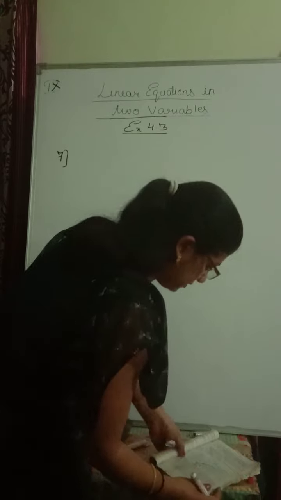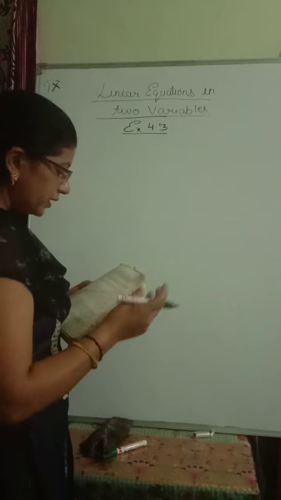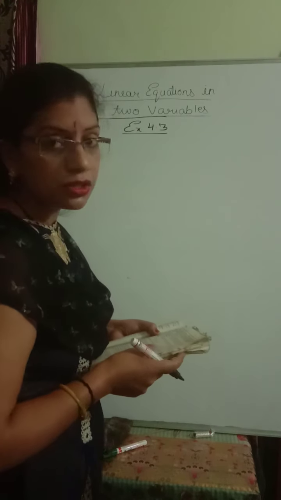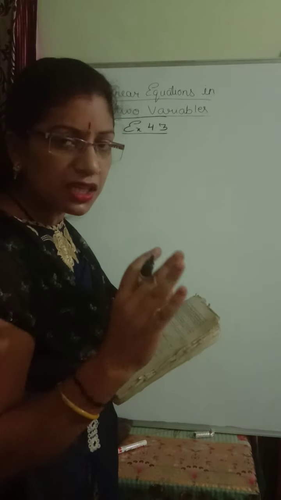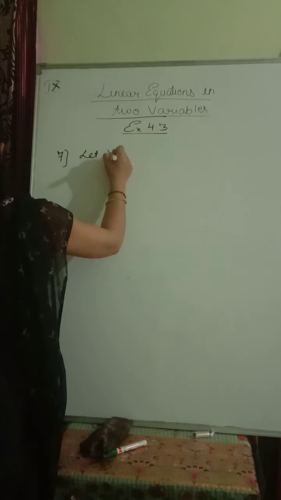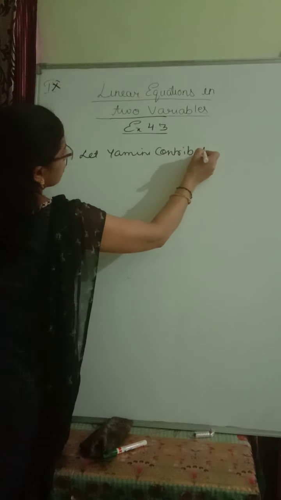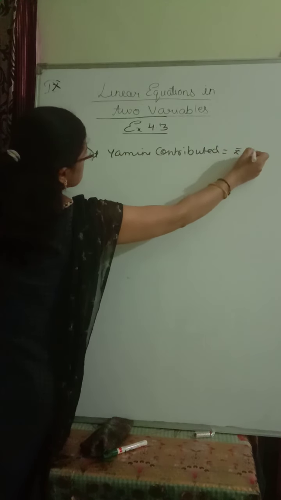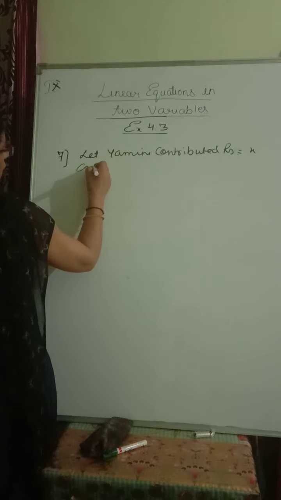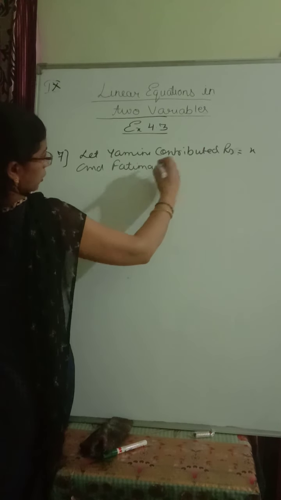Question number 7 is: Yamini and Fatima, two students of class 9th, together contribute ₹100 towards the Prime Minister's Relief Fund to help the earthquake victims. So both of them together collected some money, and how much together? 100. So I am writing, let Yamini contributed rupees x, and same way Fatima contributed rupees y. Now these can be anything, maybe they both are not equal.